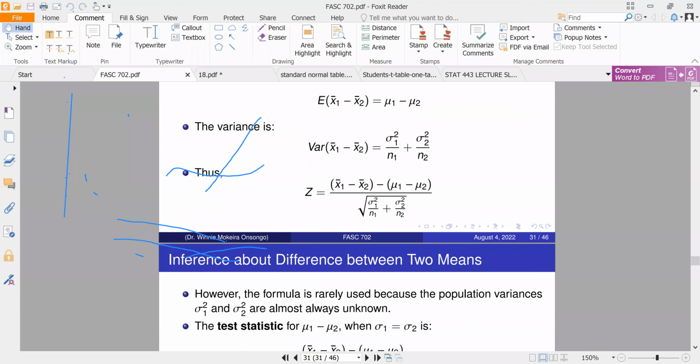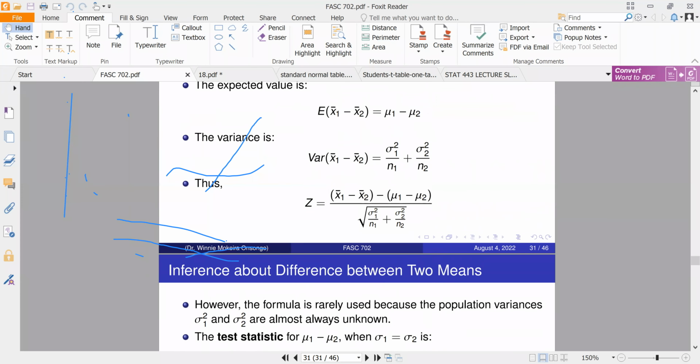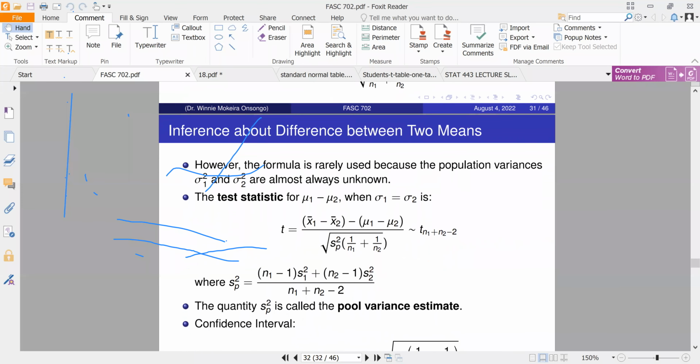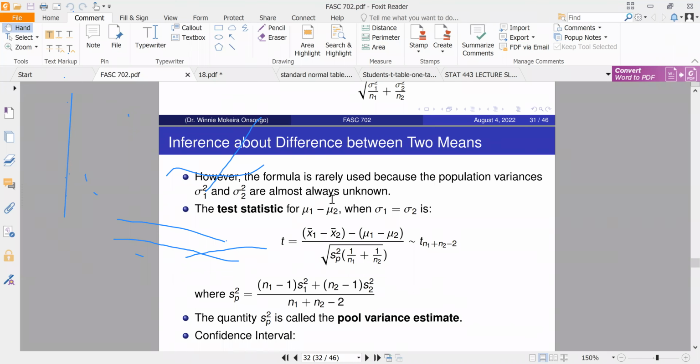Now, once we have this, we can write it in this form, or again, we can write it in this other form.